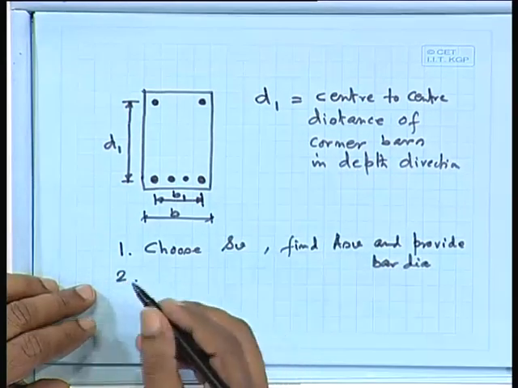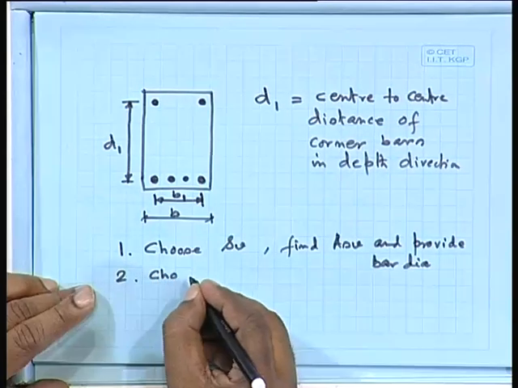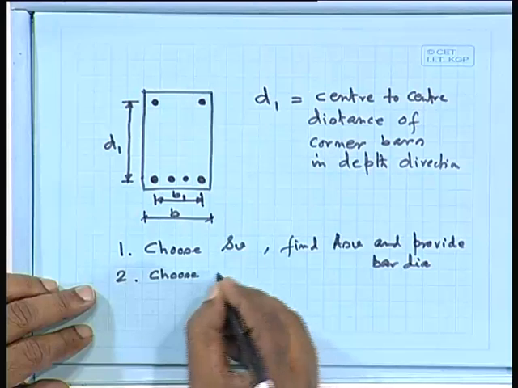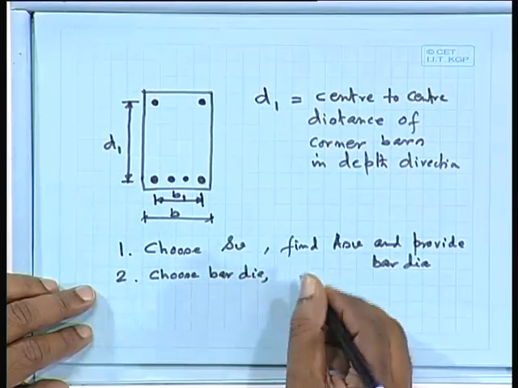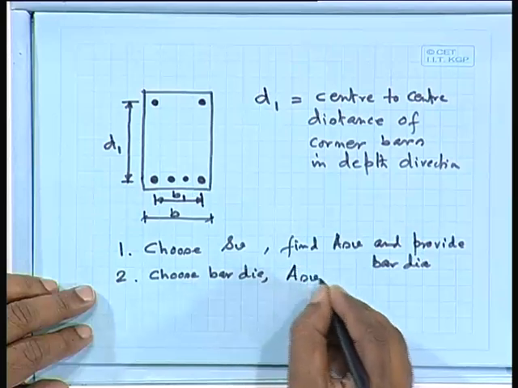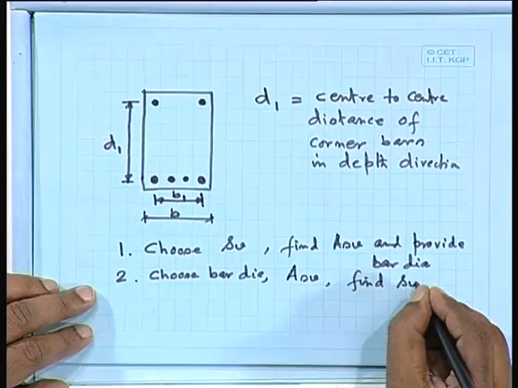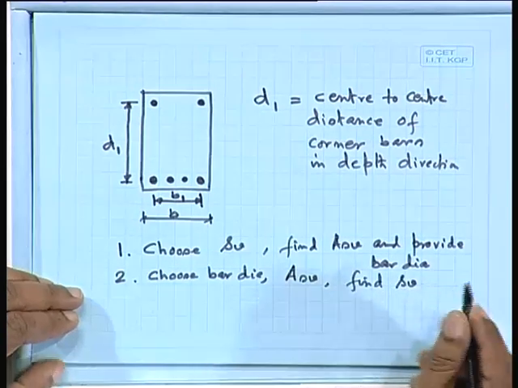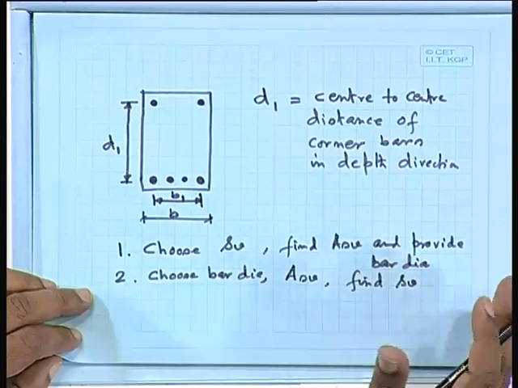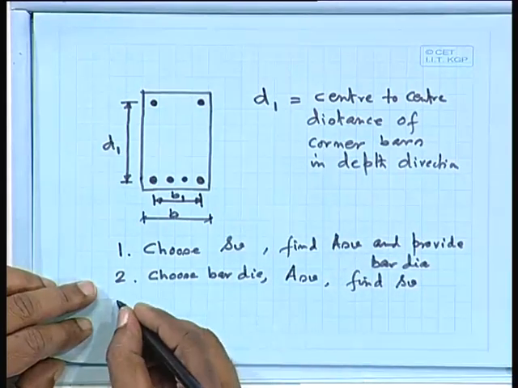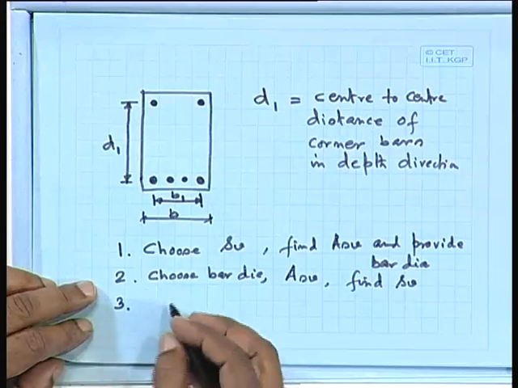Second case could be: choose bar diameter in another way, that ASV, find SV and provide as per the code, checking whether it is coming within the limiting value. The third could be the standard one that we have done for the beam in the beginning.